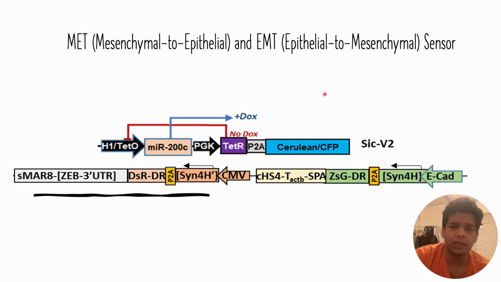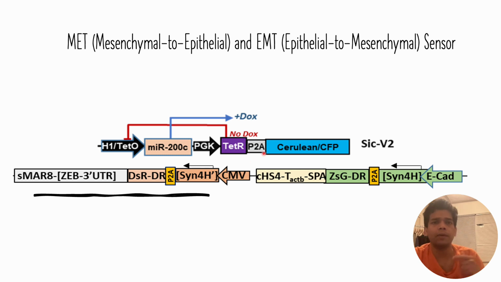It is the characteristic of the mesenchymal phenotype of the cells, and in this case Syn4H will provide insights about the change in the glycomics profile when the cells have a mesenchymal type phenotype.